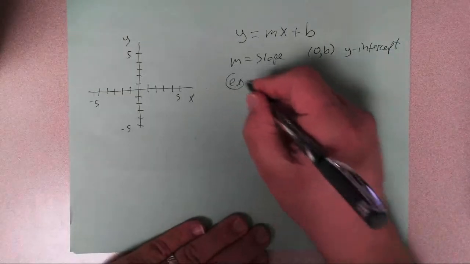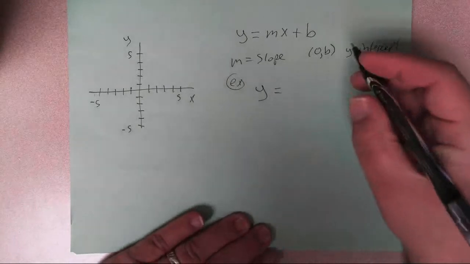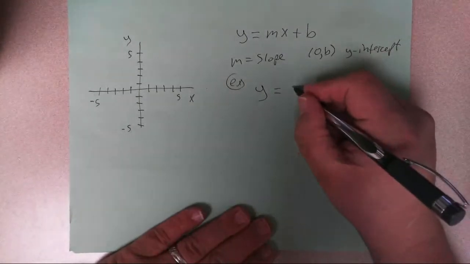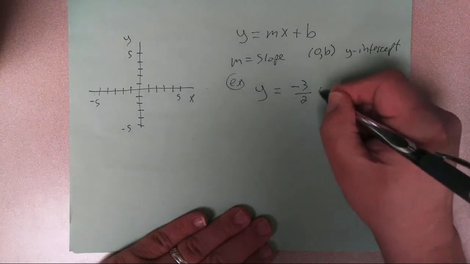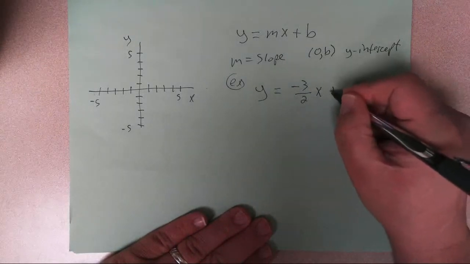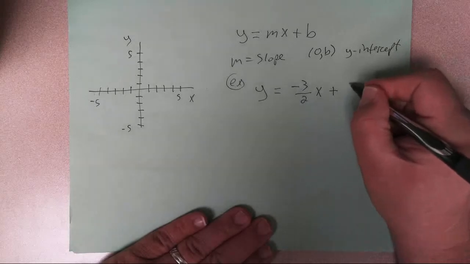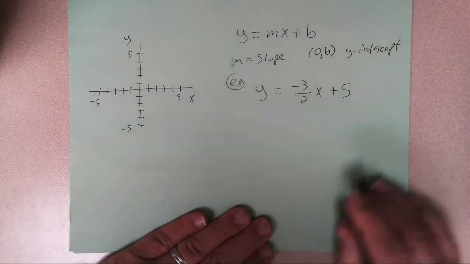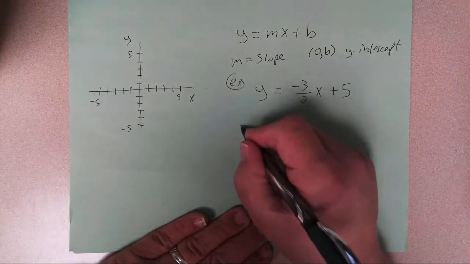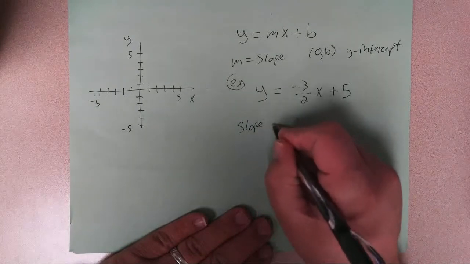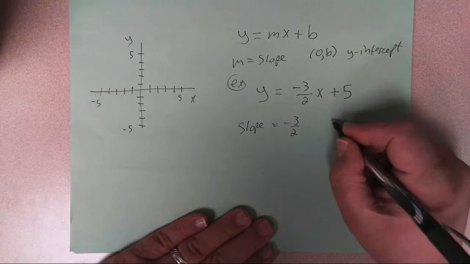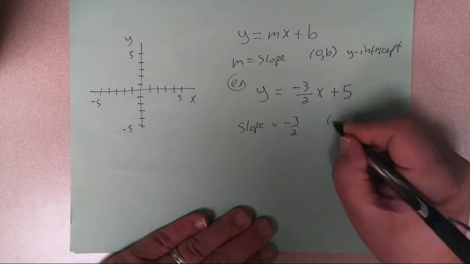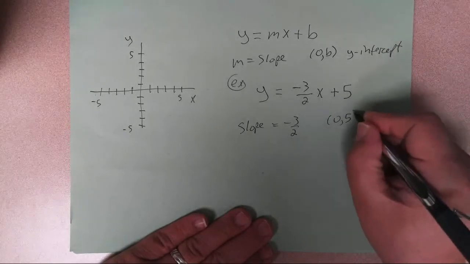Let me give you an example. Let's say we have y equals negative 3 halves x plus 5. This is where the slope is going to be negative 3 halves, and the y-intercept is going to be 0, 5.